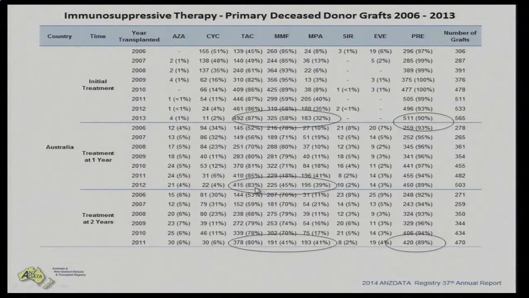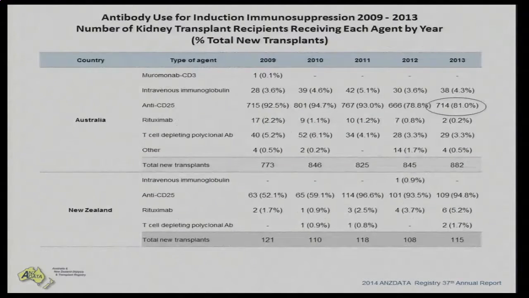At 1 year, it continues to be that rather than cyclosporin, and also in the long term it still remains tacrolimus, mycophenolic acid, and prednisolone. And you can see that prednisolone withdrawal is not practiced as much now as it used to be, relating to some outcome studies, which I won't go into.